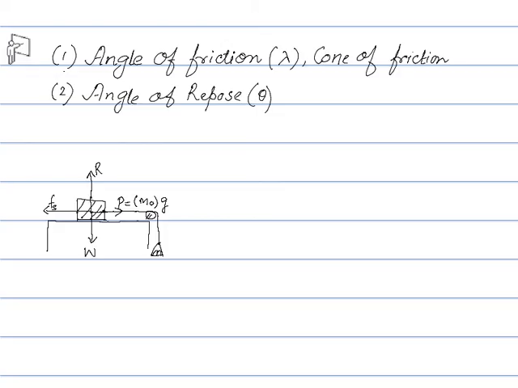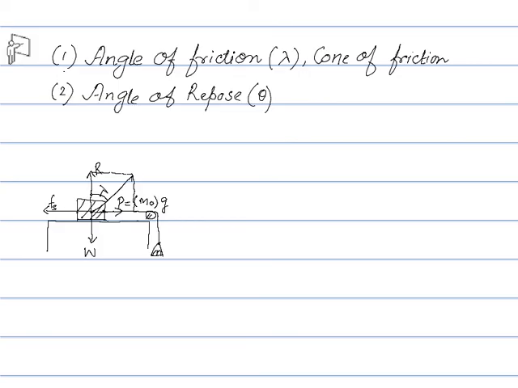Now suppose this is the normal reaction, this is P. So now let us complete the parallelogram to find the resultant. Suppose this is the resultant force of this P and the reaction. Let it make an angle lambda. Then this lambda is called the angle of friction.